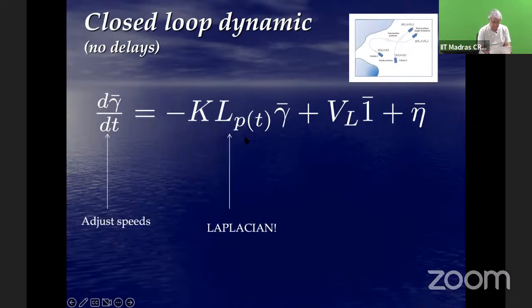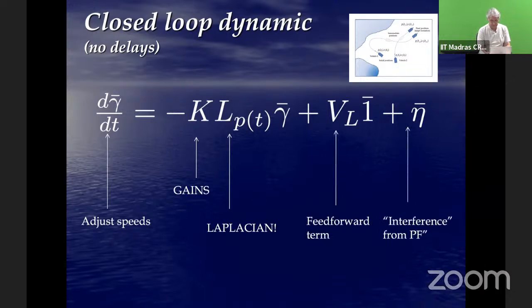Here is the Laplacian. Then there are gains that you have to design. This is the nominal speed, the feed-forward term, and this is the interference from path following. So in a nutshell, this is what we do when you have many vehicles doing the cooperative path following algorithm. You have to implement these sort of things.